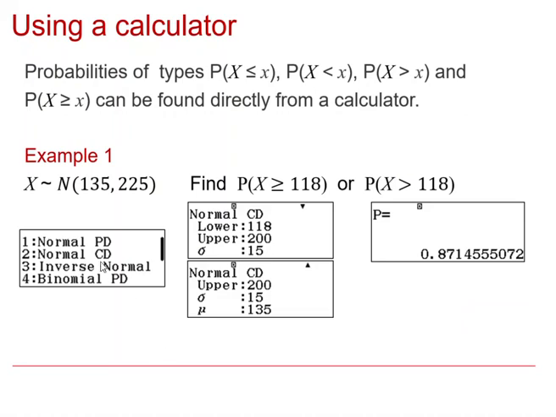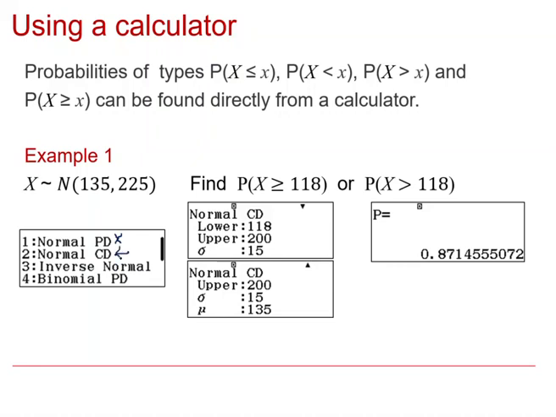So if we look at a simple example going into the distribution statistics facility, if we choose the normal distribution, we need to select 2, normal cumulative distribution. We're not going to be using that one at all.